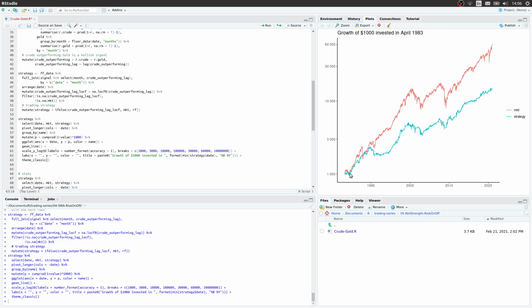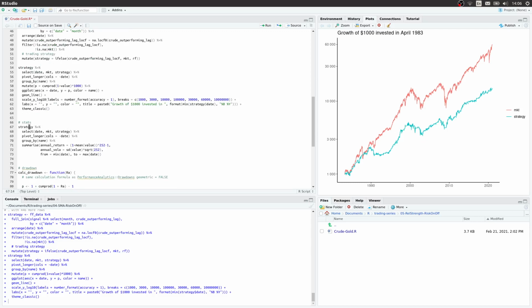Initially invested $1,000 got you 60,000 in the market, and only about 15 or 20,000 using this relative strength strategy. But what is impressive is that the major market crashes could have been avoided using the strategy. So you see that the market is a lot more rough on its path upwards, whereas the strategy is kind of smooth.